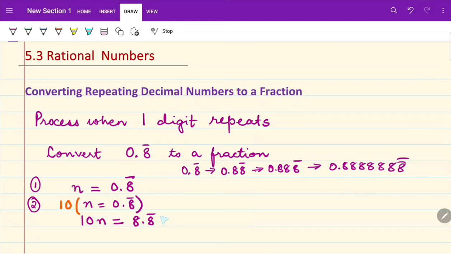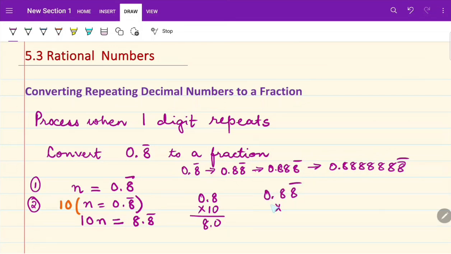Now you may ask, why 8.8 bar and not 8.0? Because when we multiply 0.8 by 10, we end up getting 8.0. However, it's a little bit different when multiplying repeating decimal numbers, because think about it, 0.8 bar is the same as 0.88 bar, correct?